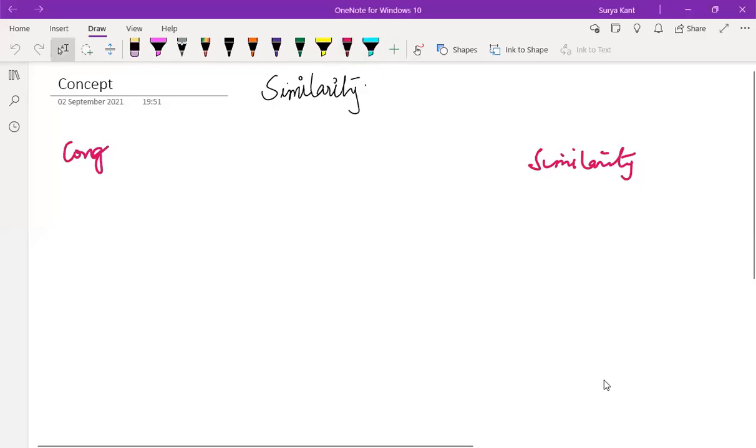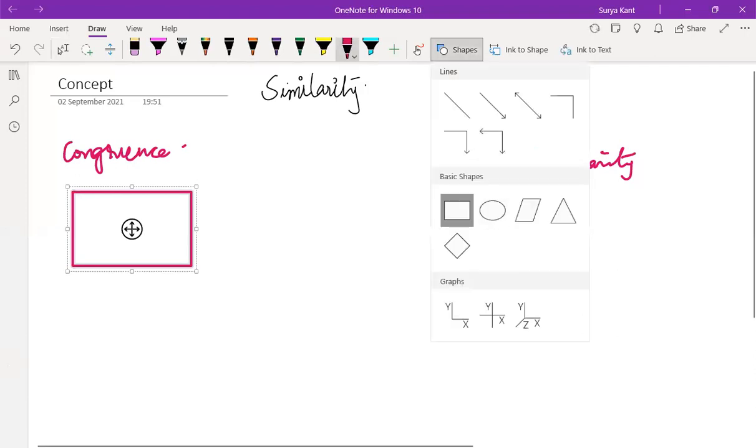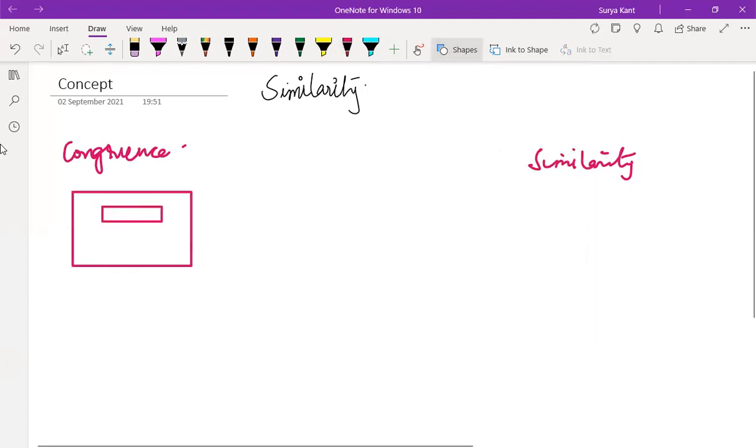What exactly are congruent figures and what exactly are similar figures? If you make a square, and I make one more square here, what is this?